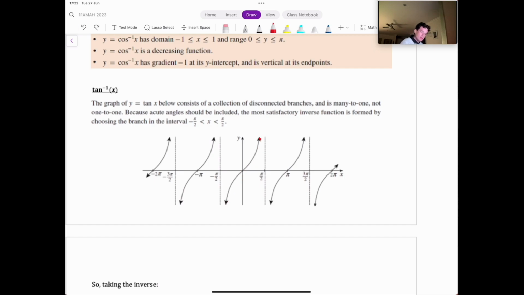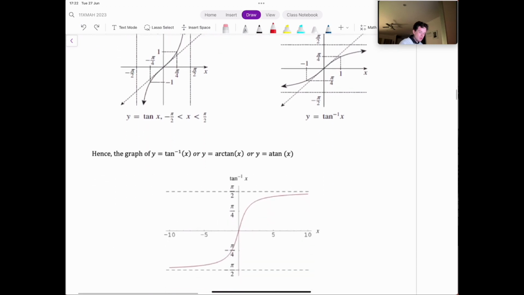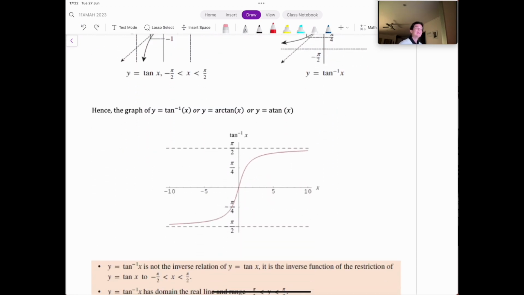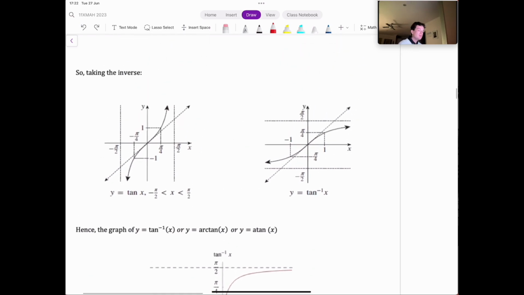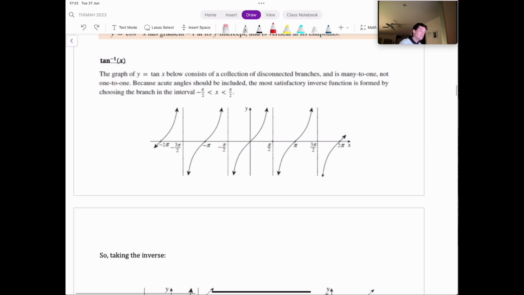Now, when we take its inverse, we actually get this. Tan again is the odd one out. So our domain is going to be from minus infinity to infinity, and that's because the range of tan inverse of x goes up and up forever.